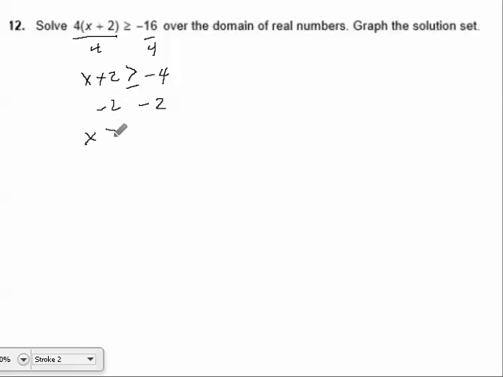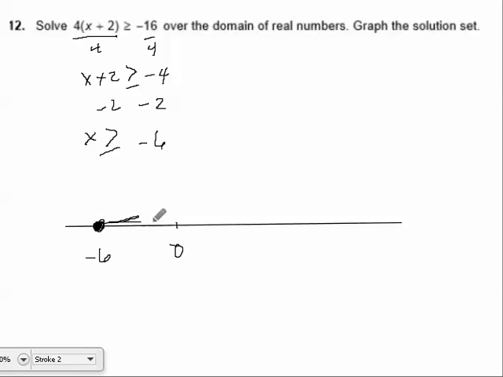We get x is greater than or equal to negative 6. And so if I were looking to graph this one on a number line like that, I would start at 0 and I would go out here to negative 6, and x is greater than or equal to negative 6. It's going to be a solid point at negative 6 going this way because it's greater than or equal to negative 6. And that's the way I would graph it.